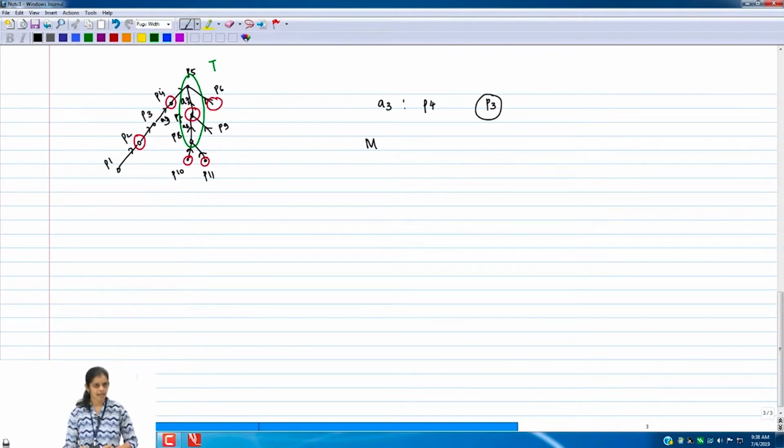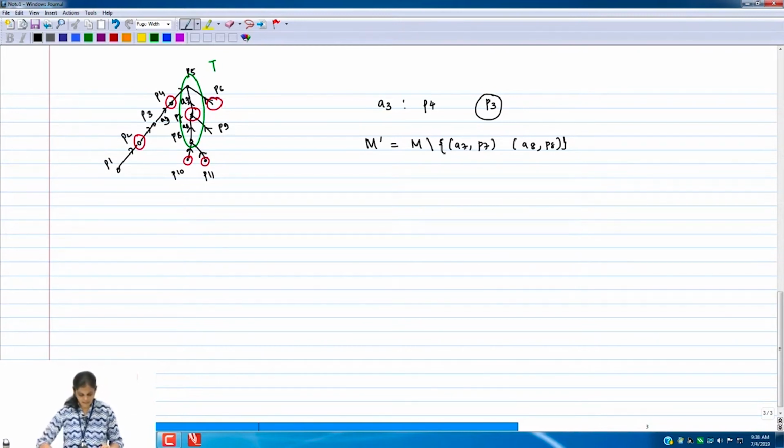So I will just have that matching. I would like to change the matching. So M prime is equal to M minus, so I will remove this edge which was A7 matched to P7. I am removing this, and I will also remove this edge A8 matched to P8. So this is what I am removing, these two edges.